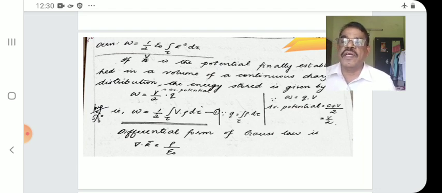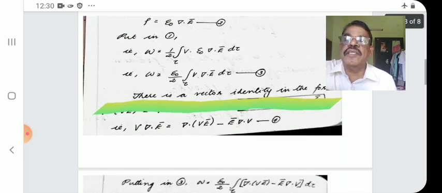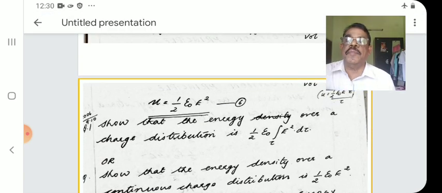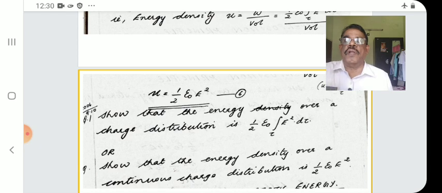We start with a W equation which contains V, and finally we reach an equation of W in terms of the field E. Both are the same. That is all.